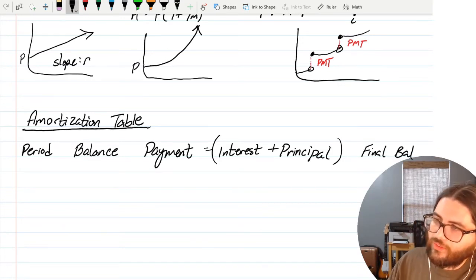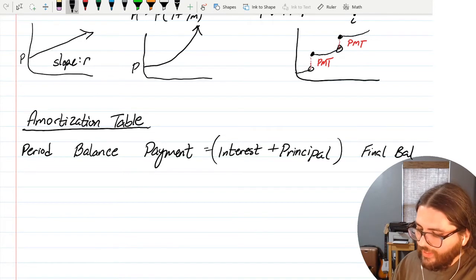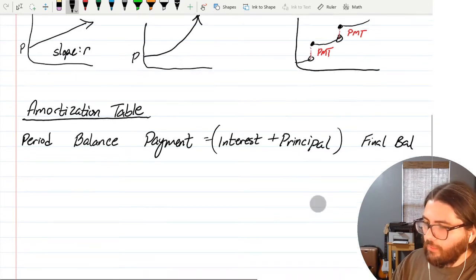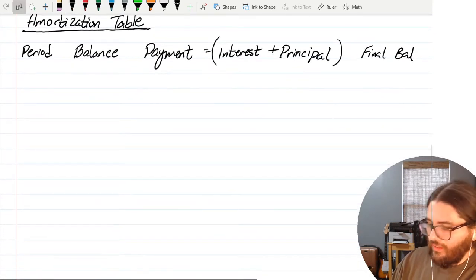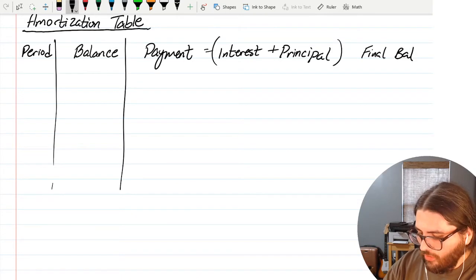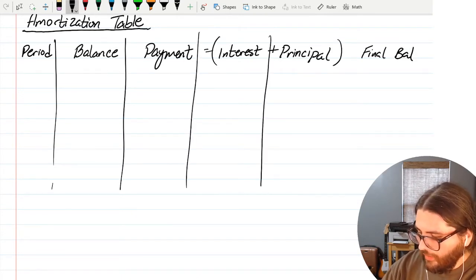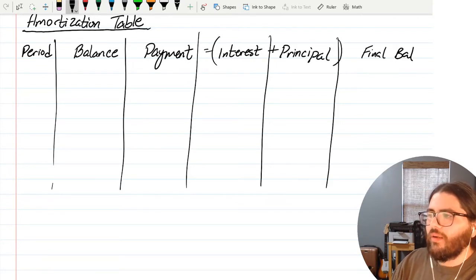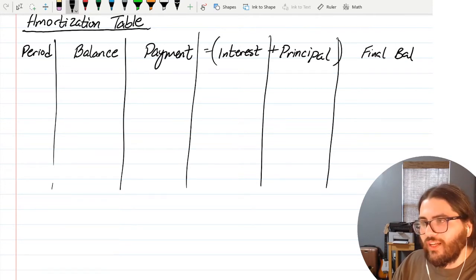The final balance is on the end. So I count 1, 2, 3, 4, 5, 6 columns in most amortization tables. And some of them will be a little bit shorter. Again, some of them will not include the payment as a separate column. But every amortization table will at least keep track of this idea: how much am I paying and how much my balance has gone down.